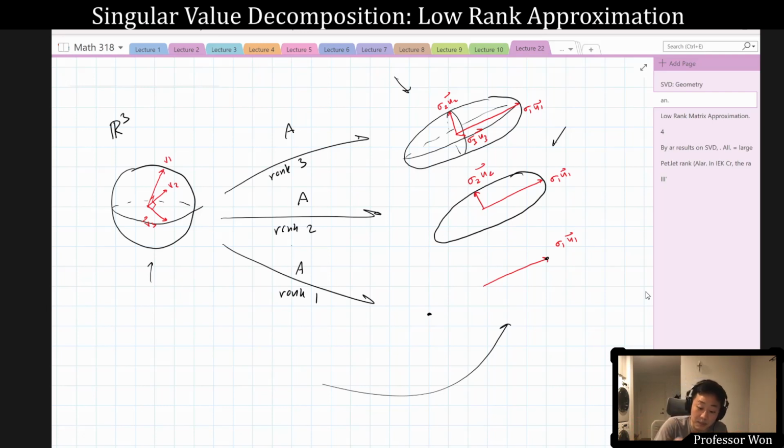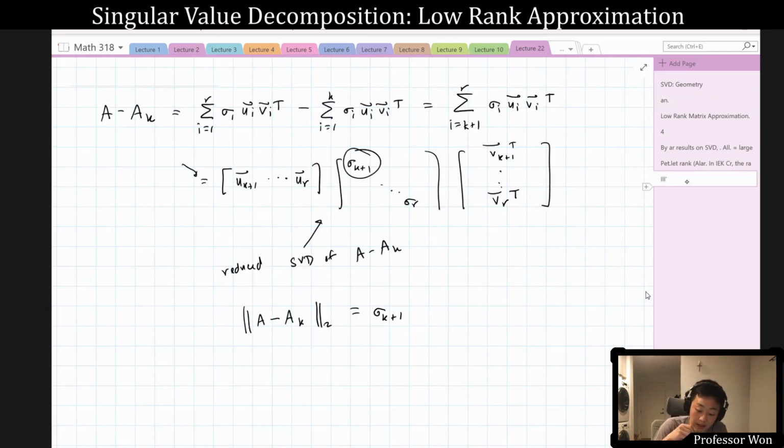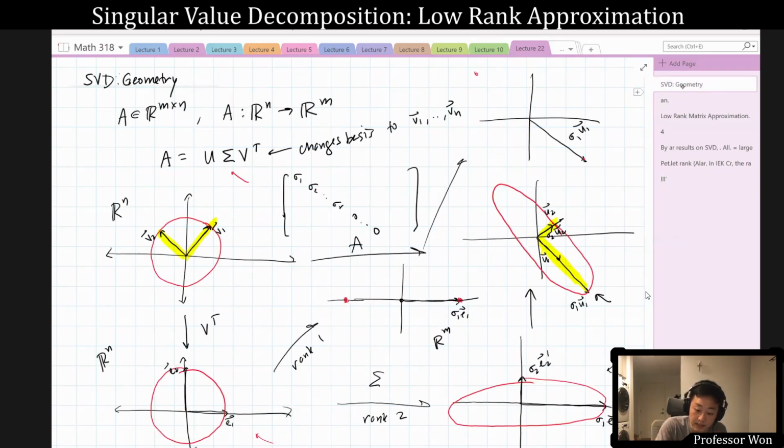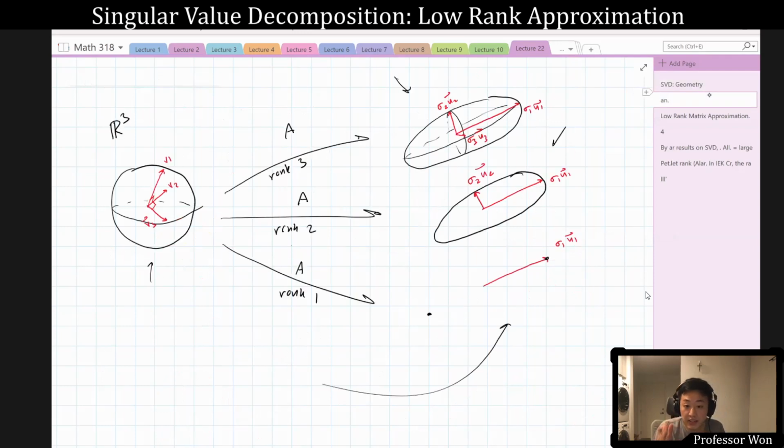So really, this picture also shows what's happening in these rank k approximations. Since you're choosing the largest singular values first, you're building up the hyperellipse, right? Of course, A is the full linear transformation, right? So here, I'm reusing this diagram. Call the first one A1, that's the rank 1 approximation, A2 the rank 2 approximation, and A is the full thing.